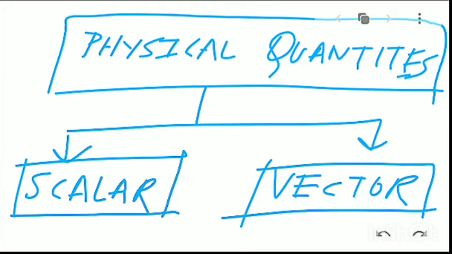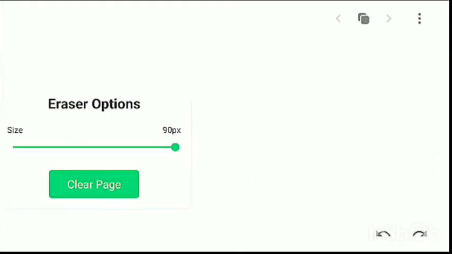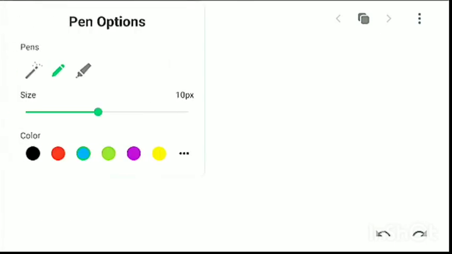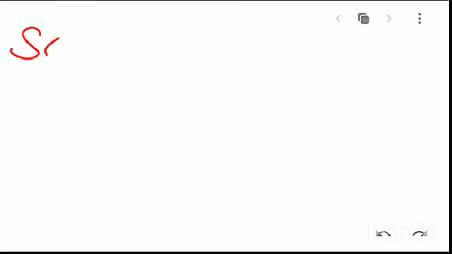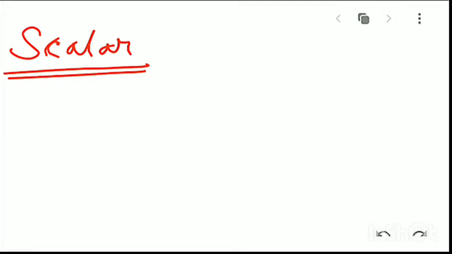Okay. So first we need to know what is scalar and what is vector. First I am talking about scalars. Each and every quantity has some magnitude and some direction connected to it, but not all quantities require that. What are scalar quantities?